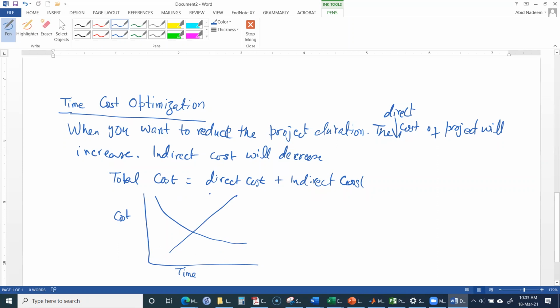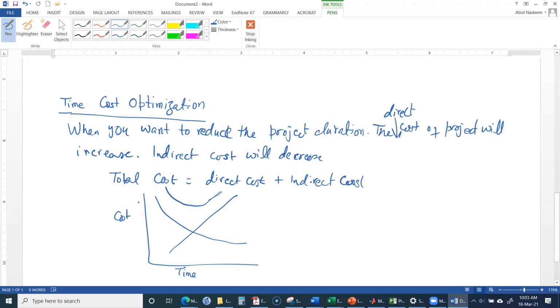Whereas the total cost will be like that. The total cost may first decrease and then will start increasing. That will be the variation of the total cost. We will add them together, so it will first decrease and then start increasing.